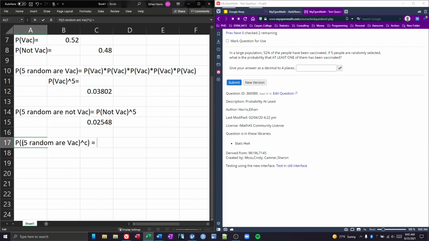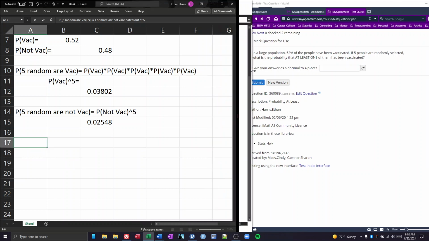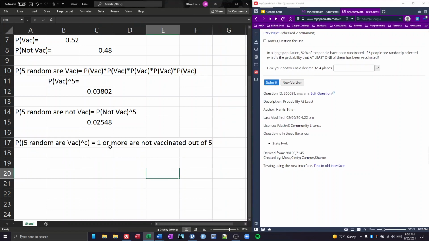Okay, so if we have 5 randomly selected people are vaccinated, the complement of that would be 1 or more are not vaccinated out of 5. Okay, that's not quite what I'm looking for. So that wasn't quite right.